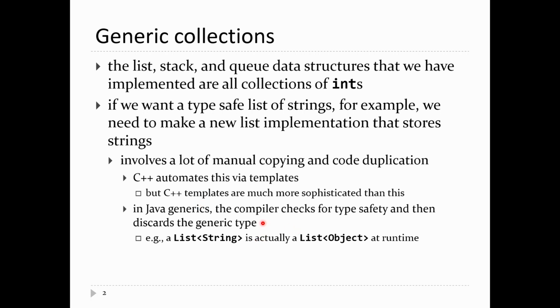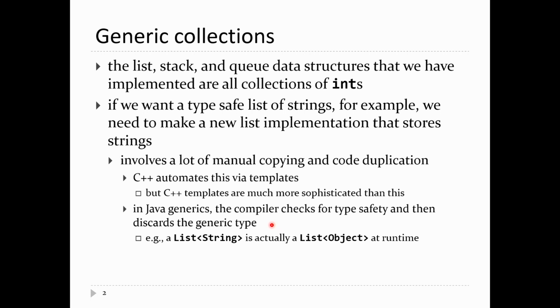Now, Java also has generics. In Java, when you used a list, you always said you had a list of string or a list of integer or a list of double. In Java, the compiler does not make a new class for every different type. Instead, the compiler checks your program and makes sure that every access to the collection is type safe, so you're only putting strings into a list of strings, and when you're taking something out, you're treating it as a string.